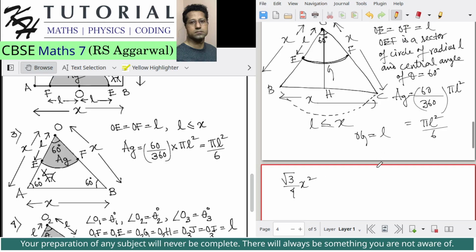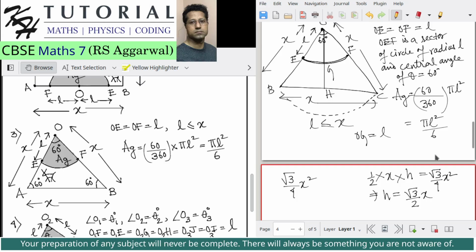We also know that the area of a triangle is half multiplied by base. The base is x, and if I consider the height as h, this should be equal to √3 by 4 x square. So this implies the height of an equilateral triangle, I forgot 2, so this is √3 by 2 x. Okay, √3 by 2 x is the height.